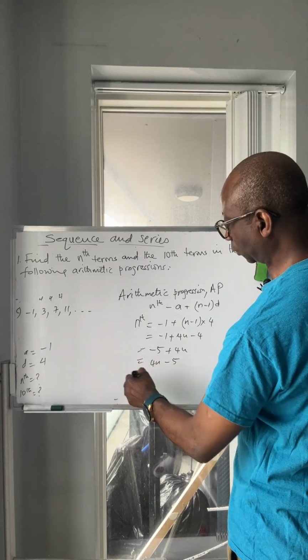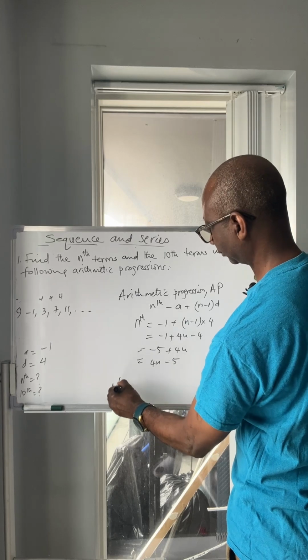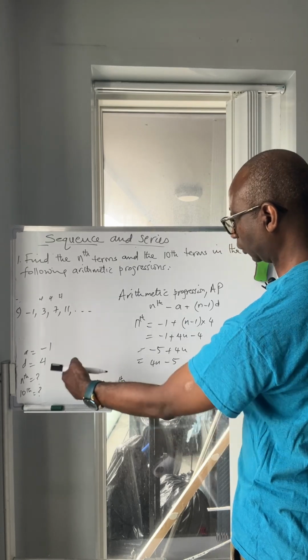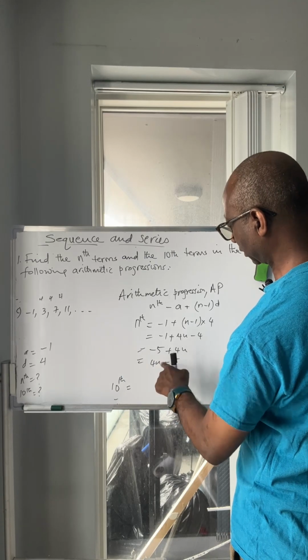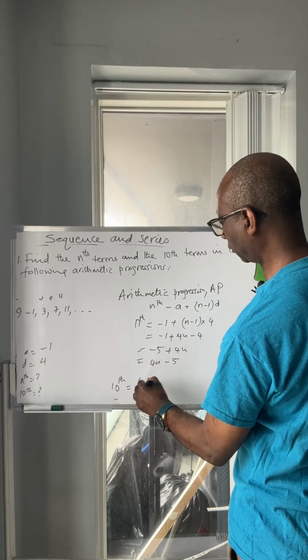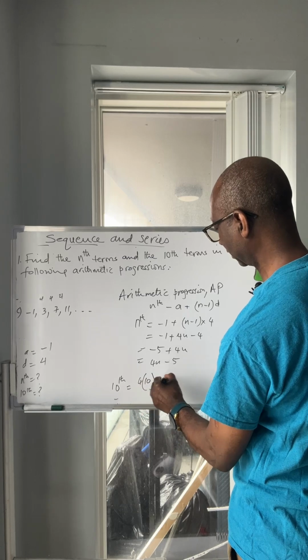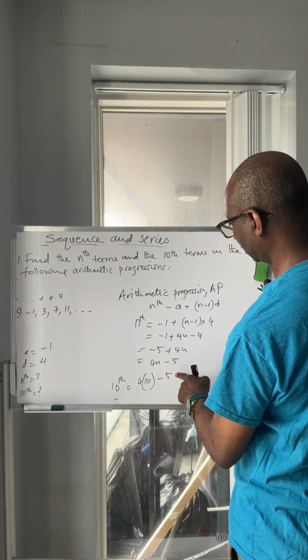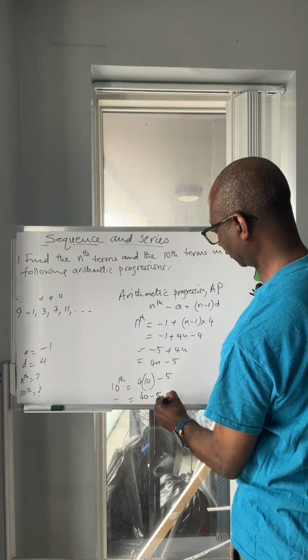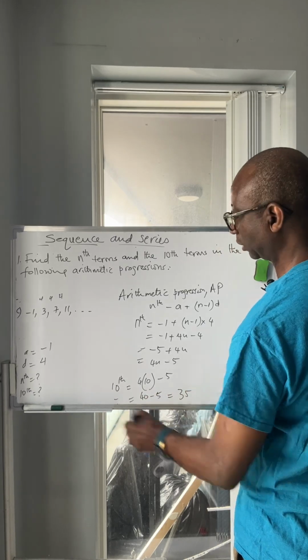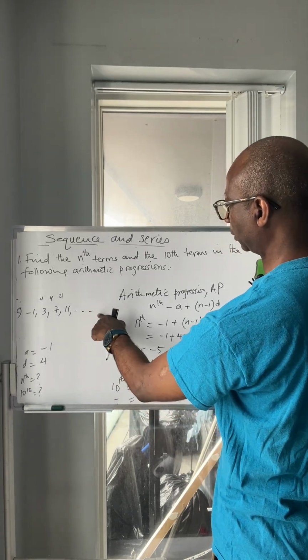That's your answer. To find the 10th term, n now becomes 10. So you have 4 multiplied by 10 minus 5, which is 40 minus 5, which is 35. So your 10th term here will be 35.